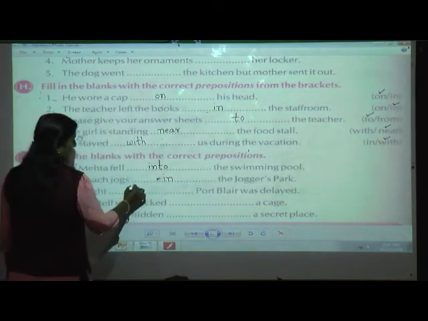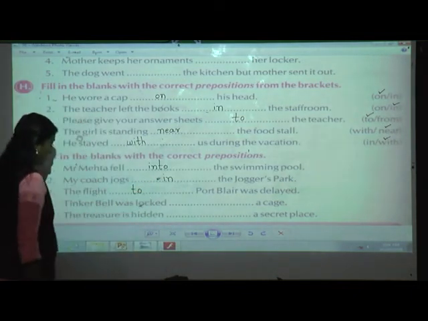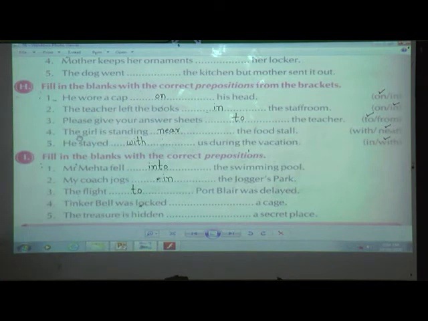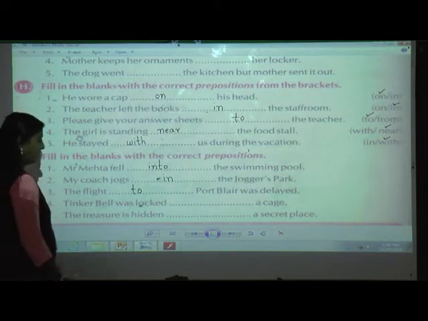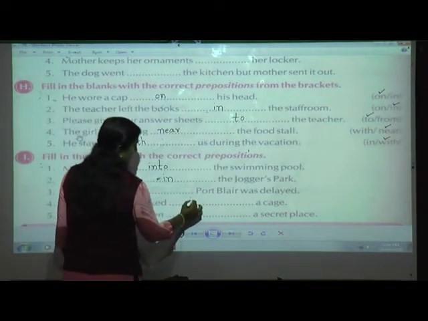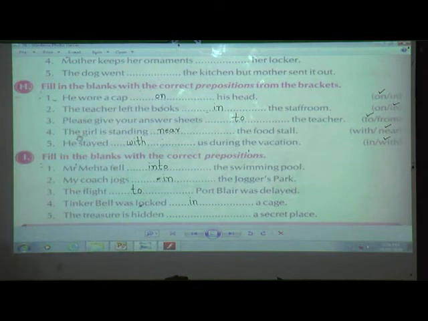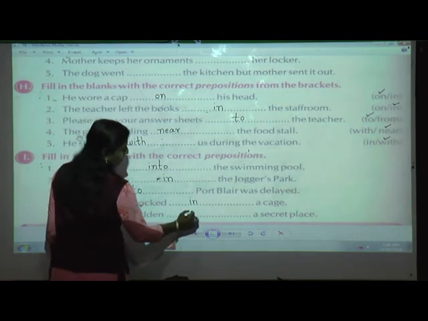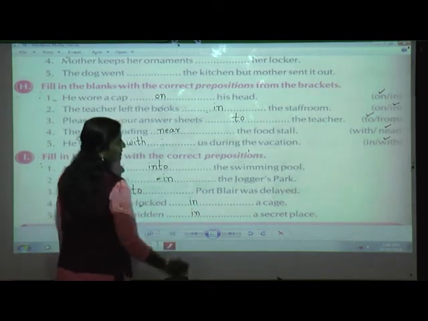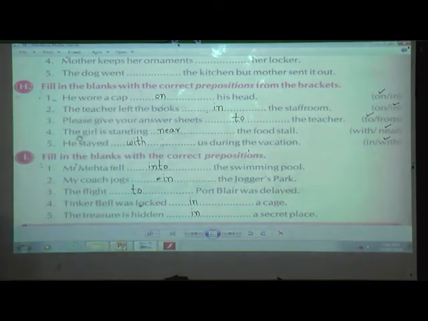The flight to Port Blair was delayed. Tinker Bell was locked in a cage. The treasure is hidden. Where is it hidden? In a secret place. Have you seen how I have used the correct preposition?